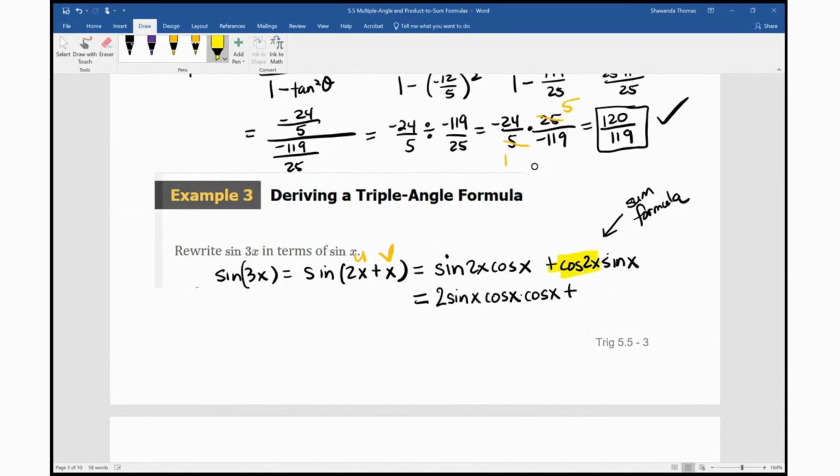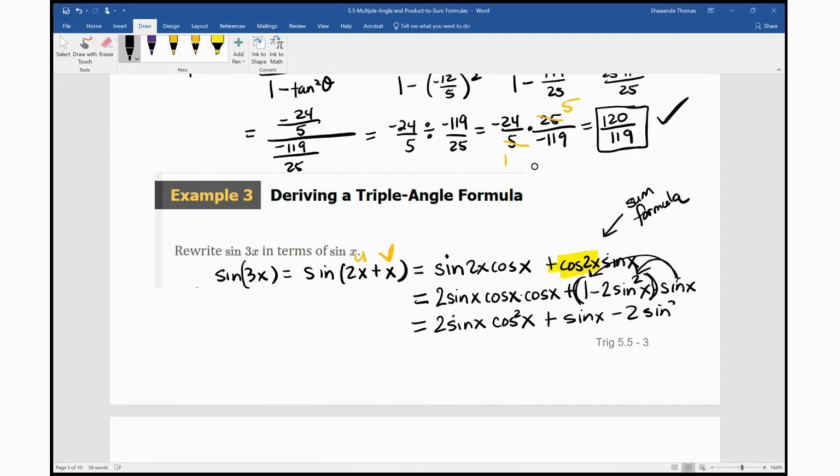That's the same thing as 1 minus 2 sine squared x times another sine x. So if you write this, you have 2 sine x, you have a cosine x times another cosine x, which is cosine squared x. And if you distribute this, that's sine x minus 2 sine cubed x.